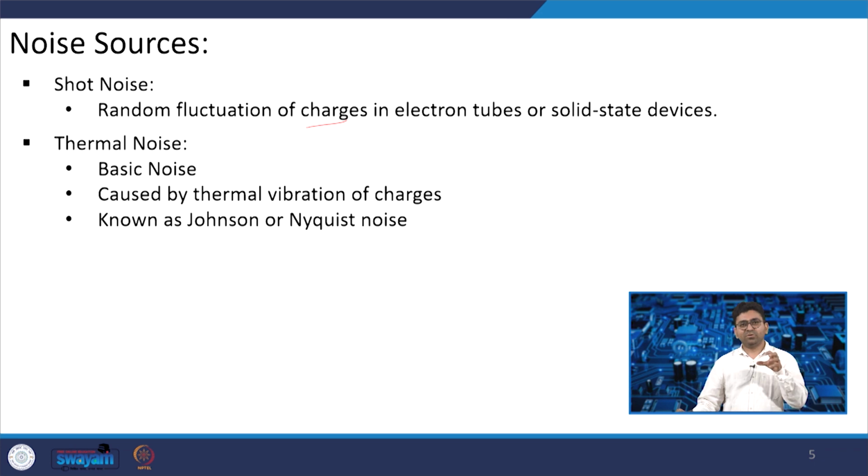That is why it is also called a basic noise. You should have a basic idea of thermal noise, and it is mostly caused by the thermal vibration of charges. Sometimes it is also called Johnson or Nyquist noise in some of the literature. So, it has various names: Johnson's noise, Nyquist noise, or basically it is known as thermal noise. We will see about thermal noise more in detail.